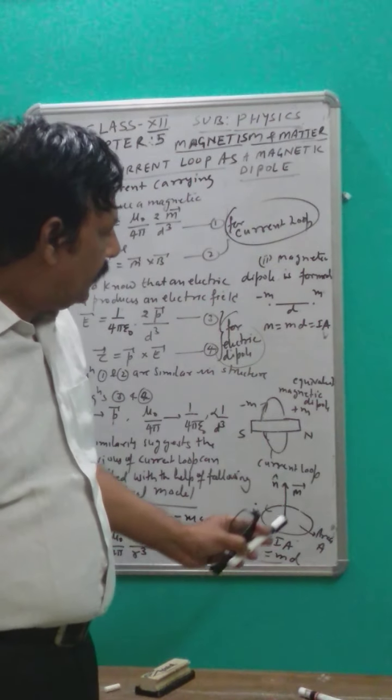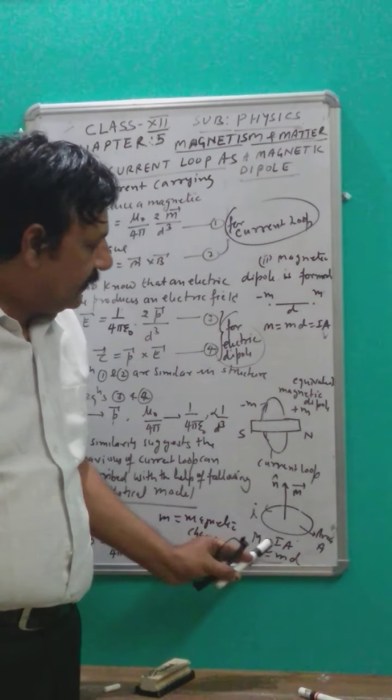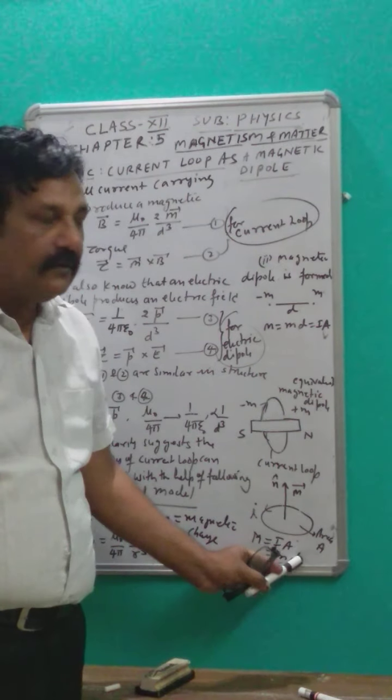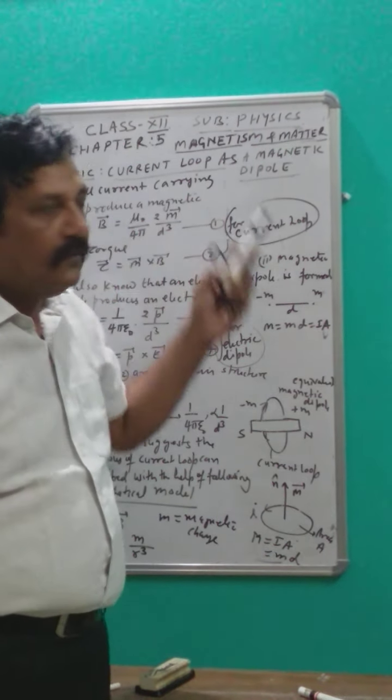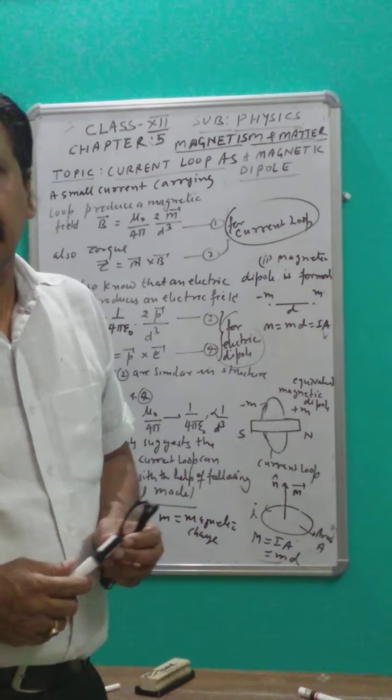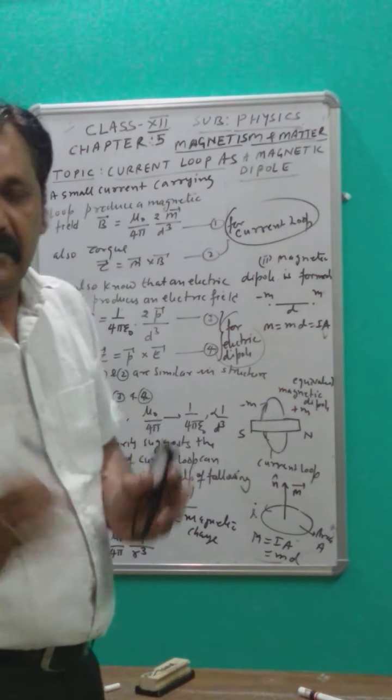The value of the magnetic dipole moment is M is equal to I into A. On this similarity we can say that the current loop behaves like a magnetic dipole. Thank you.